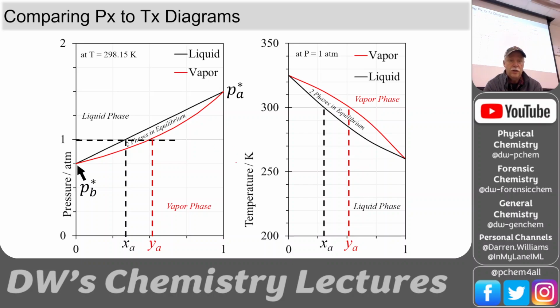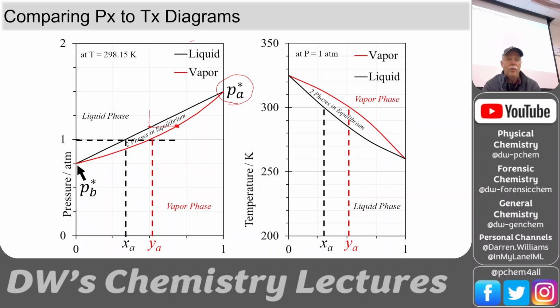And so just as a review, let's take the liquid. We'll sit right here first. If we had a 50-50 mixture and we come down to this point, we start entering into vapor liquid equilibrium. And so then we have vapor that's rich in A. That makes sense because A is the more volatile compound. It has the highest vapor pressure.